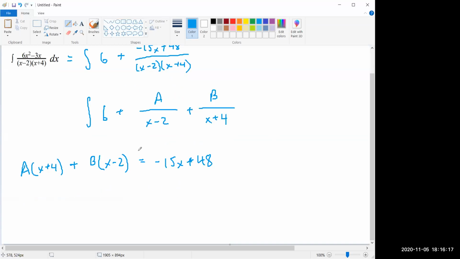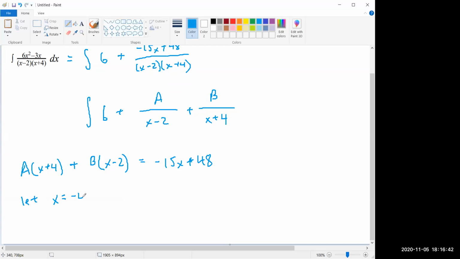Here it's probably easiest to find A and B by choosing very particular values of x. So what are the convenient values? Let x equal 2 and negative 4.